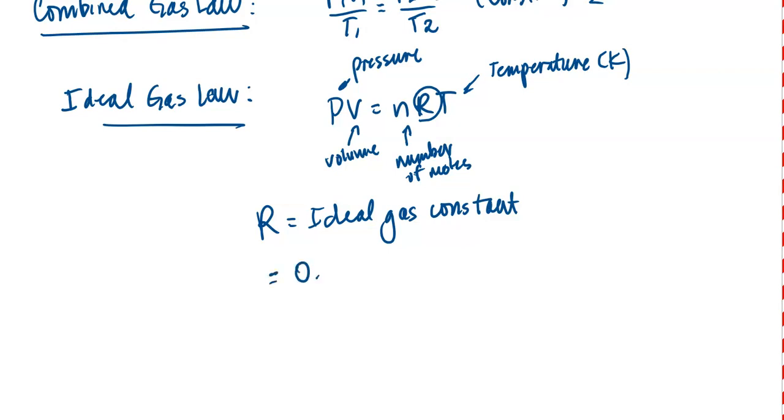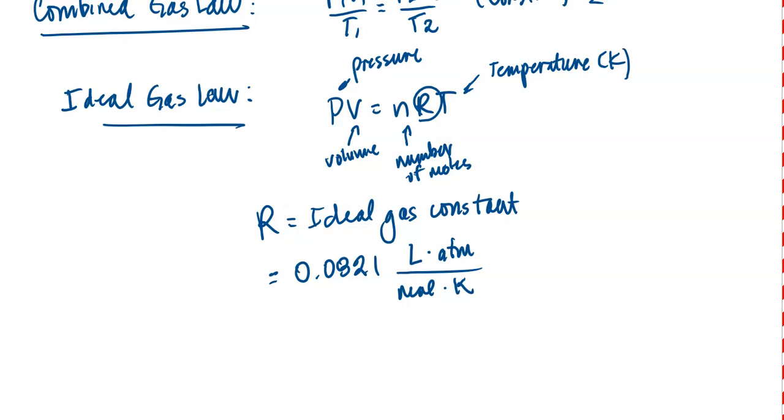It is 0.0821, and the units for the ideal gas constant get a little bit dicey, so you're going to have to be a little bit patient in learning them. The units are a ratio: liters times atmospheres, divided by moles times Kelvin. So the units of the ideal gas constant are liter atmospheres per mole Kelvin.